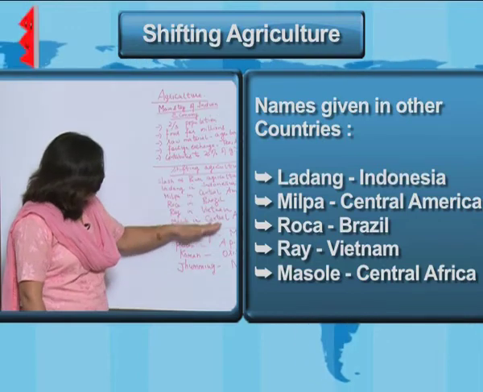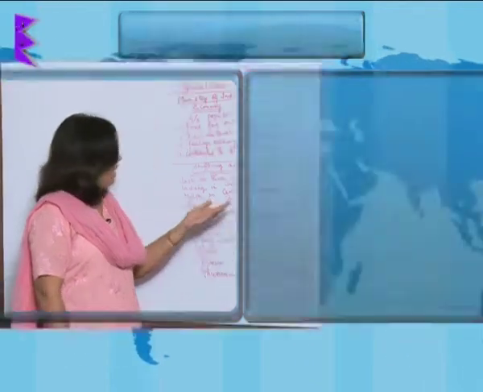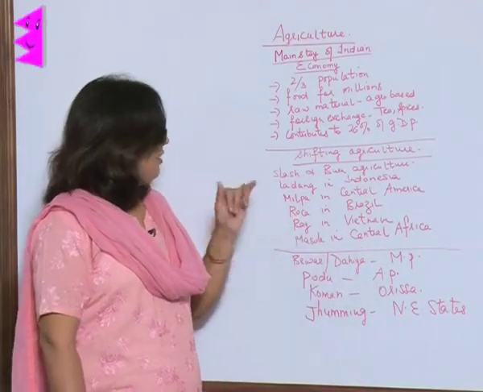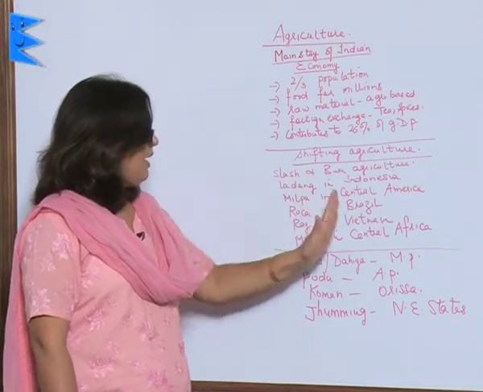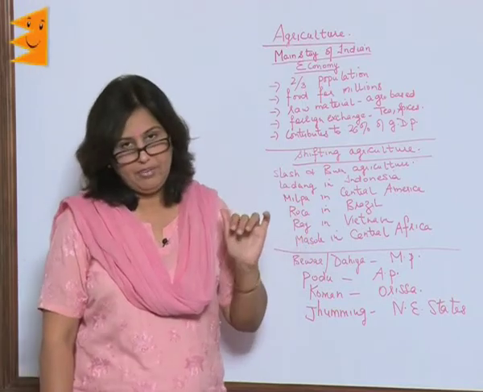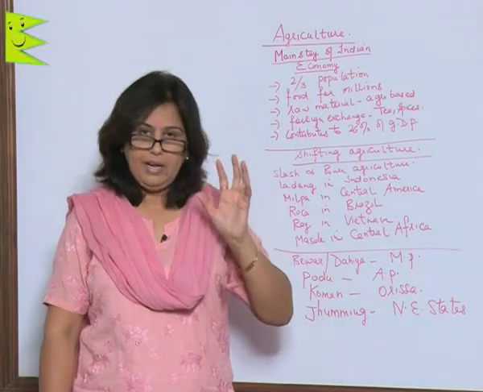So, these are the various names given to shifting agriculture in other parts of the world, not in India. Once again, revising: Ladang in Indonesia, Milpa in Central America, Roca in Brazil, Ray in Vietnam, and Miso in Central Africa. Now, what about the names by which it is called in India?